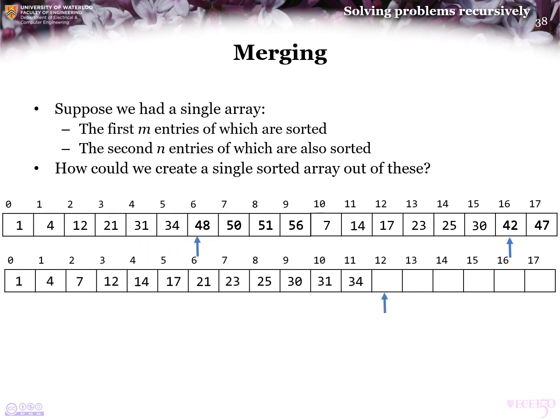Then we copy from the second half 42, 47. And now the index is beyond the end of the second half of the array, and so we simply copy over the remaining entries from the first half of the array.